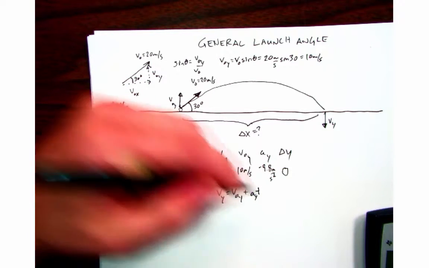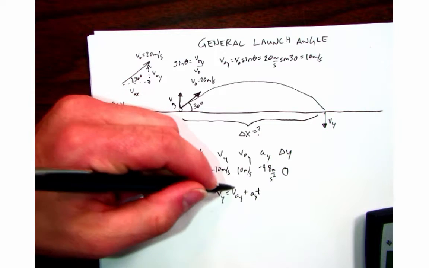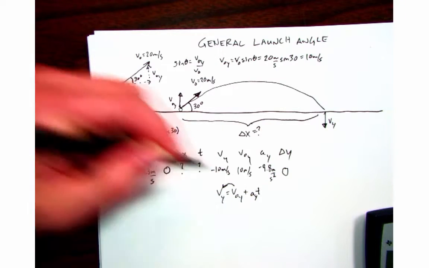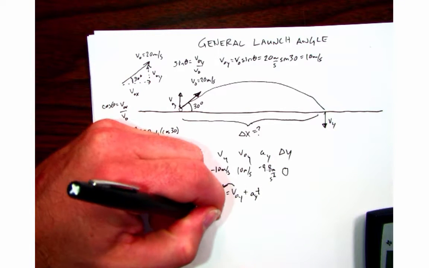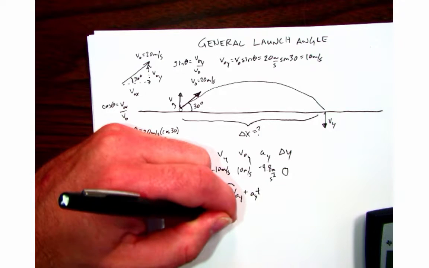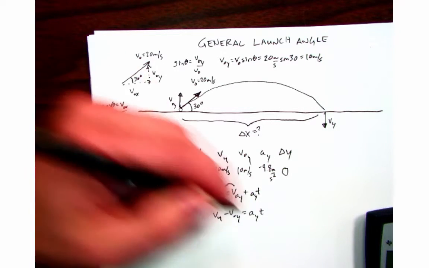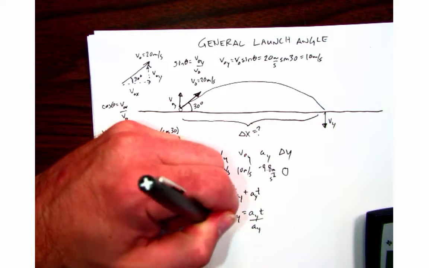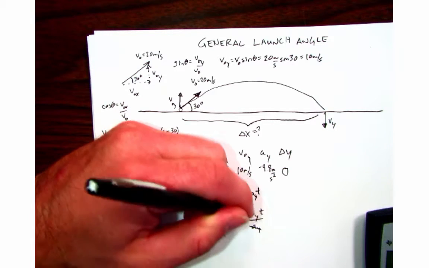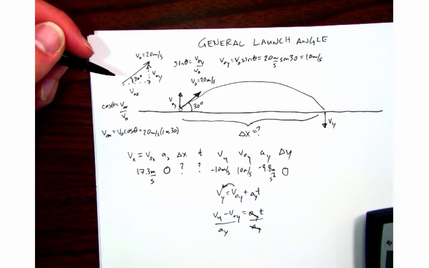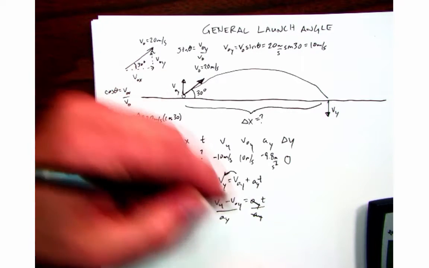Vy equals V naught y plus Ay t. All right, I'm going to move V naught y over to this side. So I have Vy minus V naught y equals Ay t. I'm going to divide both sides by Ay and cancel out Ay. Now I can plug the numbers in.